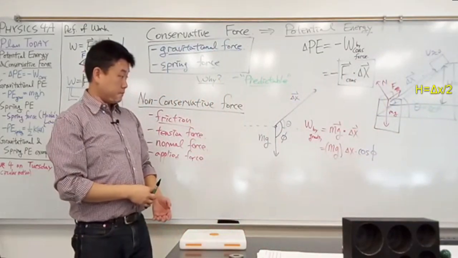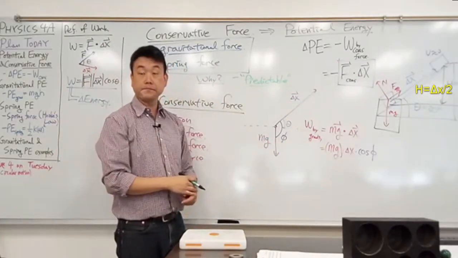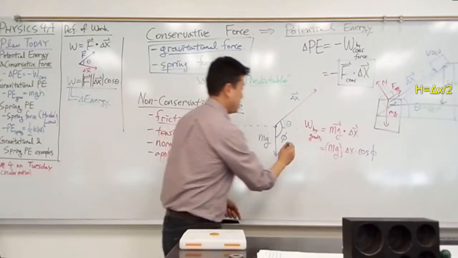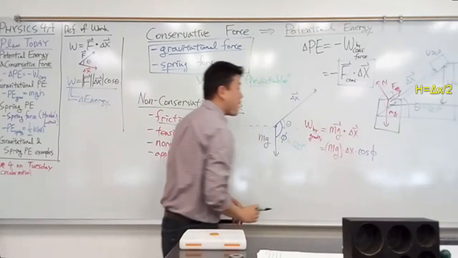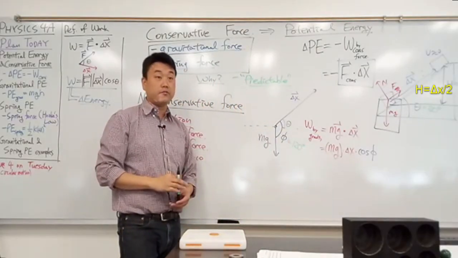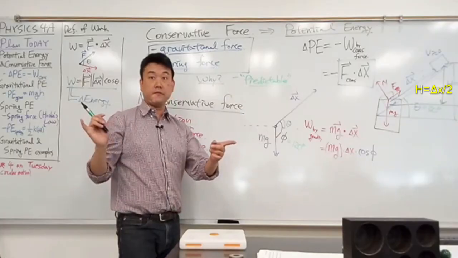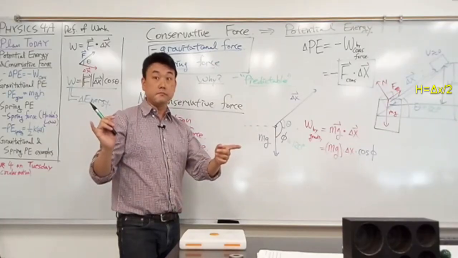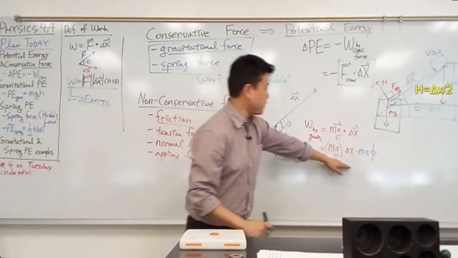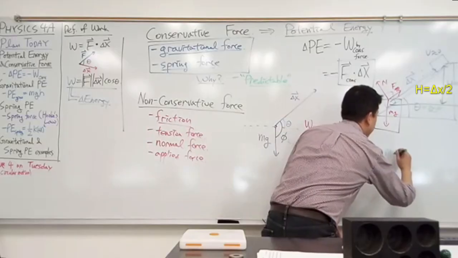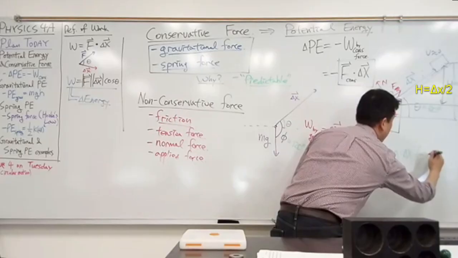So if theta is 30 degrees, what's phi? Phi is 90 plus 30, so 120 degrees. Anybody here happen to know what cosine of 120 degrees is? Negative 1/2? Yeah, negative 1/2, right? So when I plug in these specific numbers, I get mg times delta x times minus 1/2.